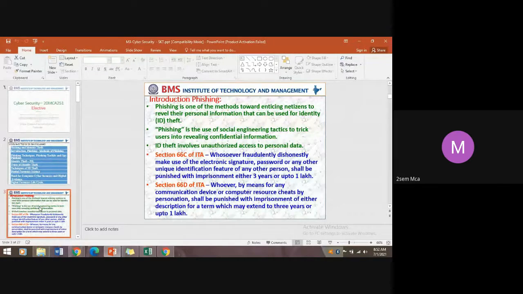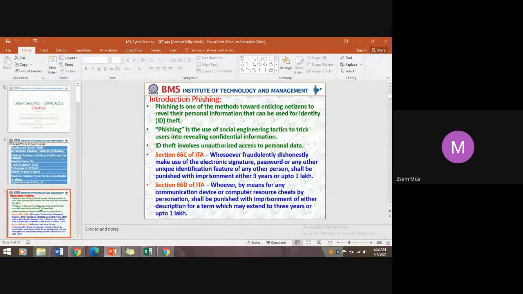So talking about any electronic device or computer resource, cheating by personation means you are using it and claiming that you are that person. For example, if Rupak's system is being used, let's take Darshan.